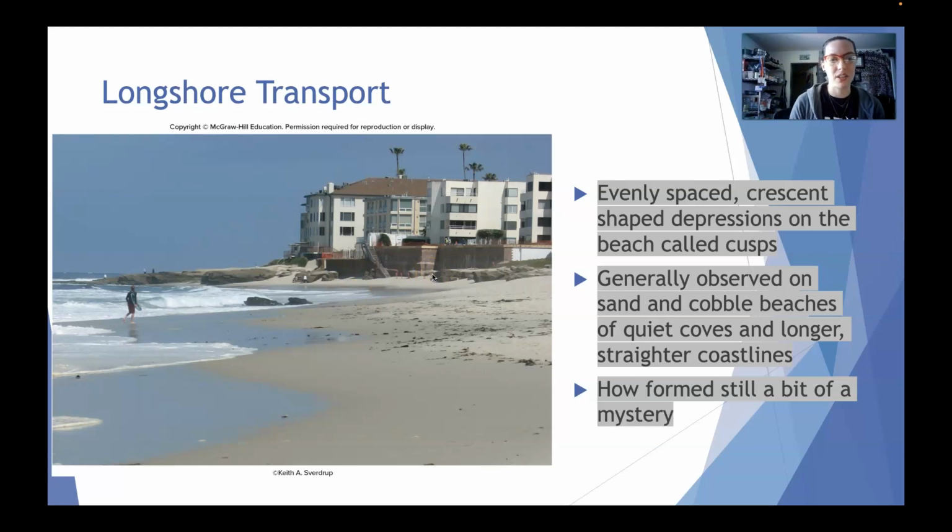We usually observe this on sand and cobble beaches in quieter coves with those longer, straighter coastlines. How they're really formed is still a bit of a mystery. It's hard for scientists to model this using a computer. We understand the process, but not enough to stick it into a computer and call it a day, which I think is really quite interesting.